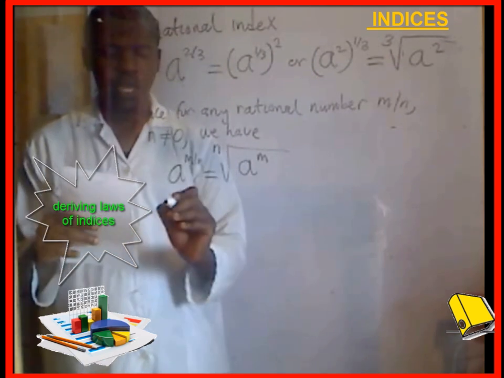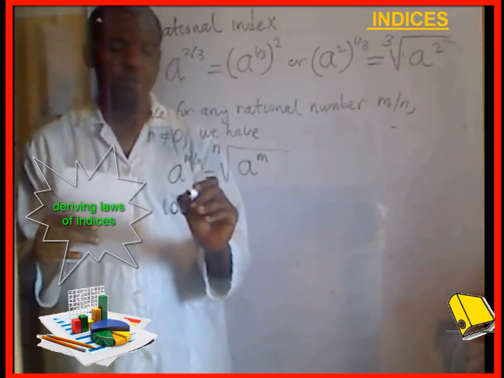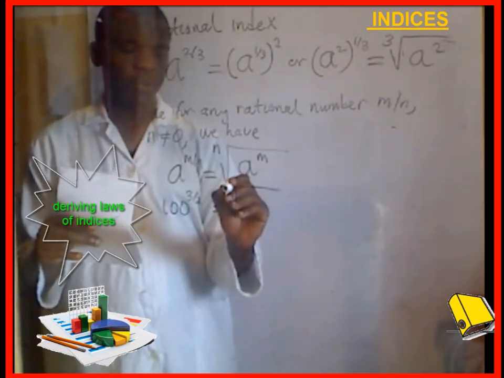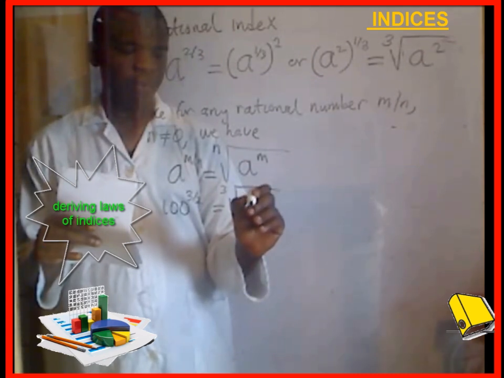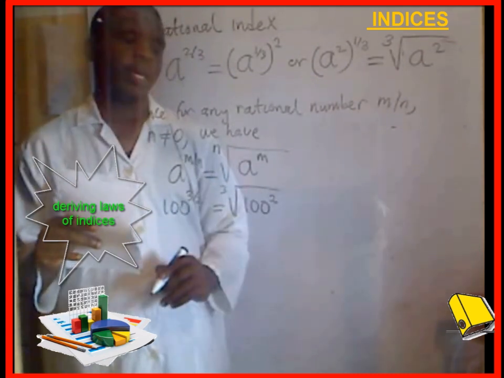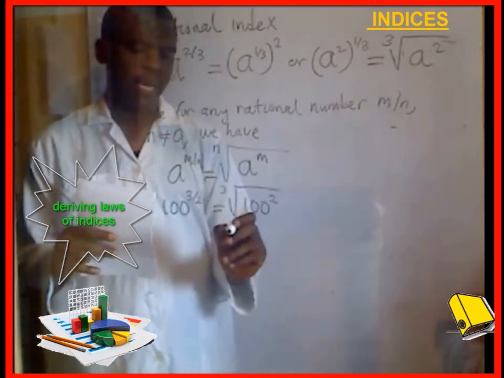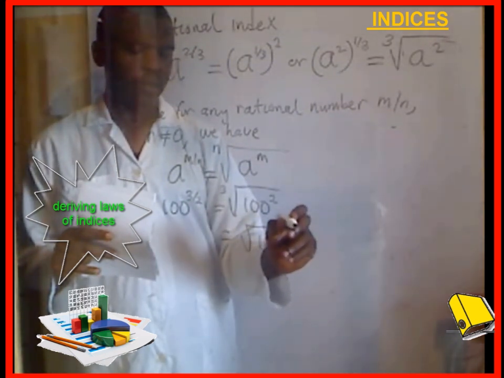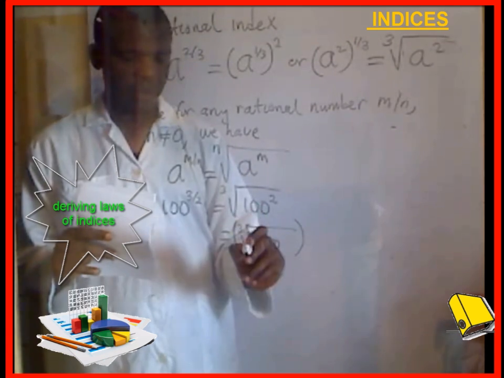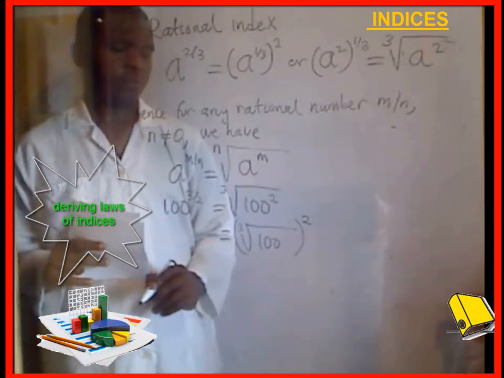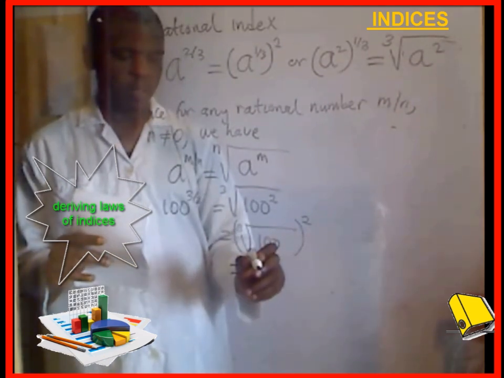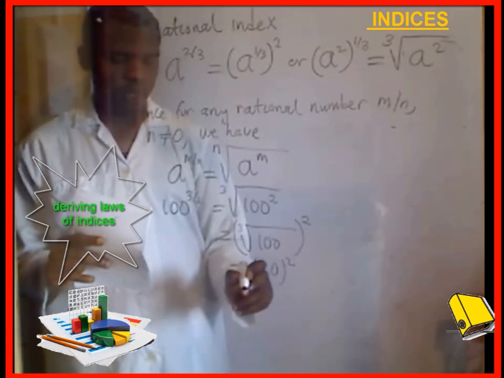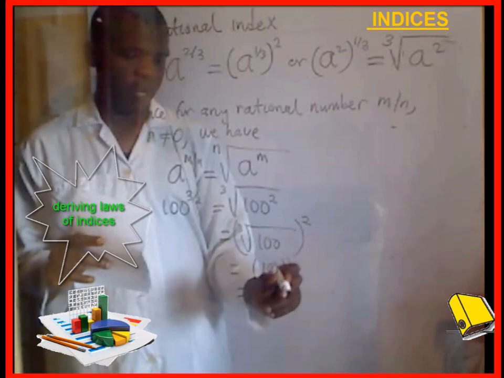So let's simplify 100 raised to the power 3 all over 2. This will be equal to the square root of 100 cubed, which is the same as the square root of 100 all cubed. The square root of 100 is 10, all cubed.